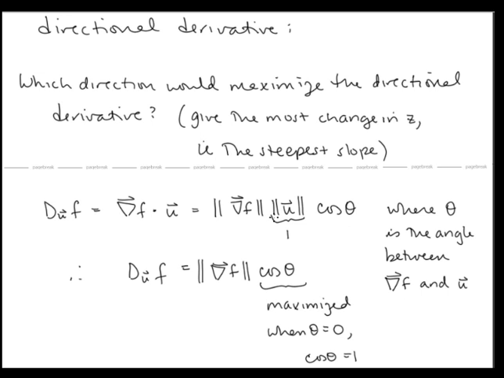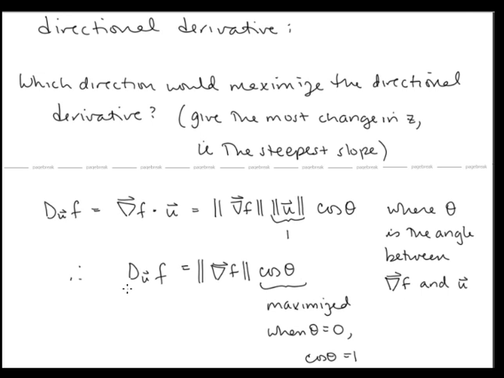Since this is a unit vector, we know its length is 1. So our formula simplifies a bit. And so now we have that the directional derivative of f in direction u can be given by the length of the gradient multiplied by cosine of the angle between the gradient and the direction vector u.